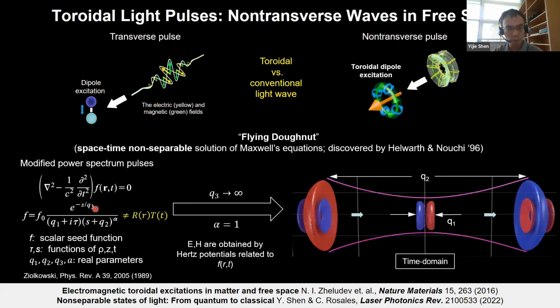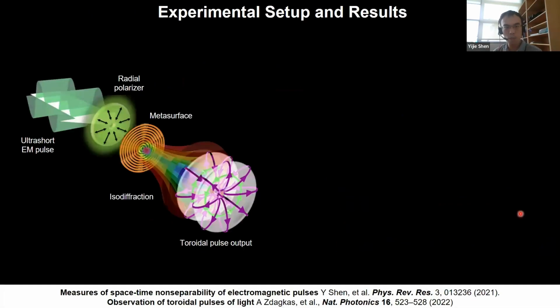But if you solve the space-time non-separable solution for the wave function, you can possibly solve the exact solution for the flying donut, the flying toroidal excitation solution in free space. However, the experimental observation was only reported recently by our group.